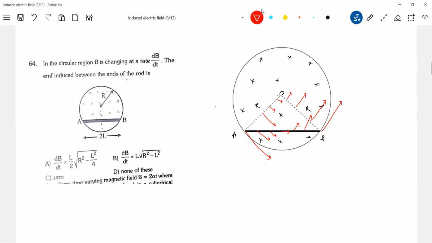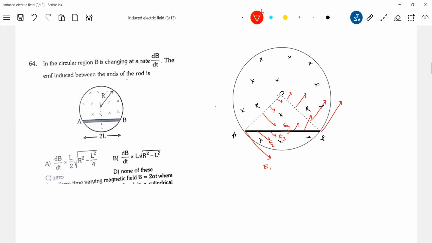If you write E1, E2, E3, E4, the magnitude will be continuously varying. When you move from A to the midpoint, the angle between E bar and DL is varying, and also the magnitude is varying. So can we really integrate? Not possible, no?